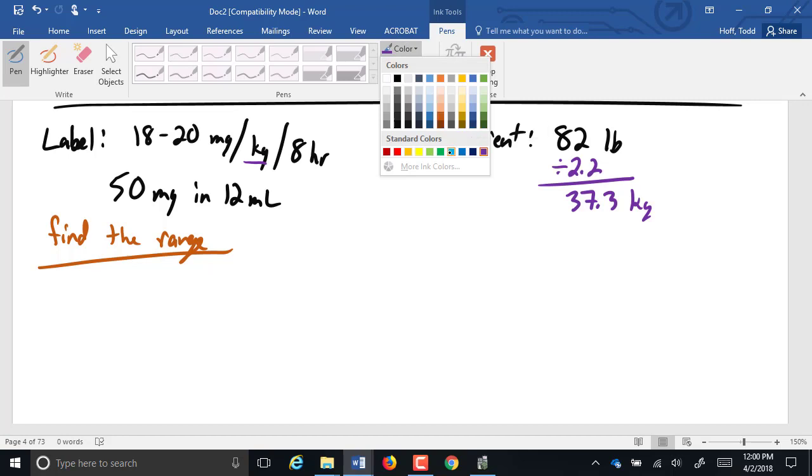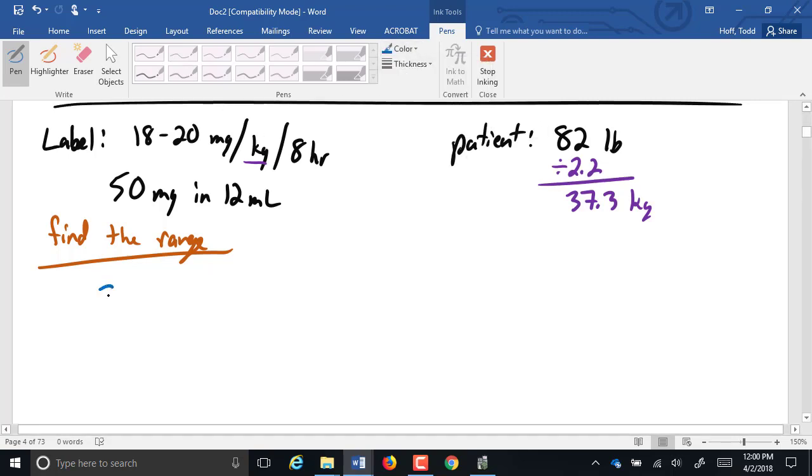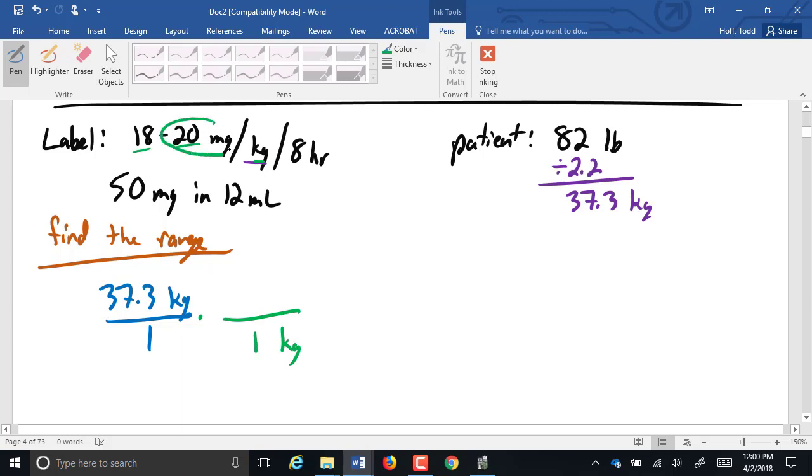We're going to start off with that weight: 37.3 kilograms over 1. Now we have to pick either the minimum or the maximum. We're going to use the maximum, 20 milligrams per 1 kilogram, for now. So the kilograms cancel out.